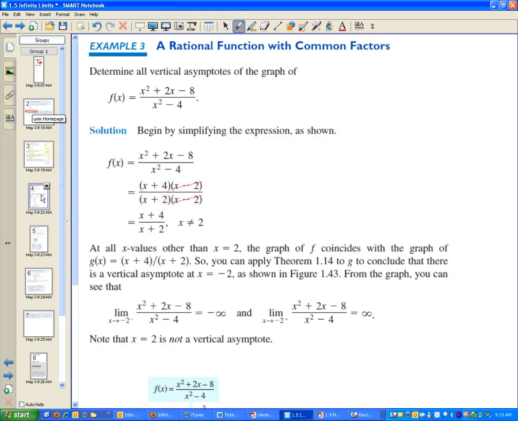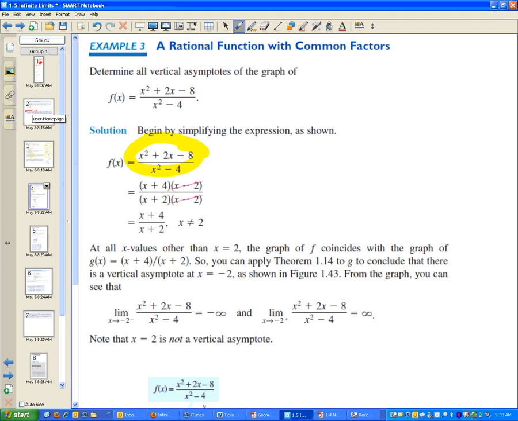All right, let's look at example 3 on page 86 now. Determine all vertical asymptotes of the graph of, all right, and we're not worried about every little step right now. I want you to see the big picture. Here's what we do. To find all the vertical asymptotes, we take our original function and we factor everything we can factor.